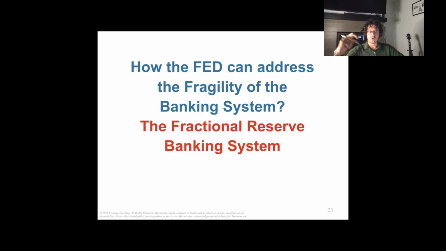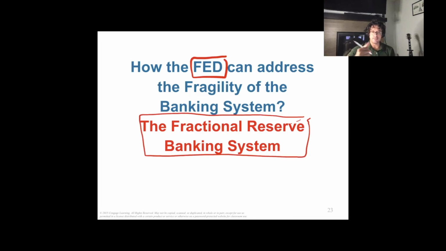Okay, so one of the roles of the Federal Reserve is to address this fragility, which is due to this mismatch between lending long and borrowing short. So how can the Fed fix this problem? The fractional reserve banking system. Let me just give you an idea of the intuition. Let's suppose you have 50 individuals like me who each put $1,000 in the bank.